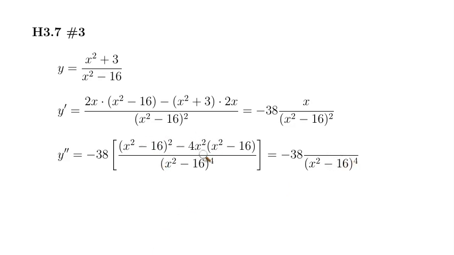Then I'm going to simplify the top part. You see that there's a common factor, x squared minus 16, so I'm going to pull that out. I'm going to write x squared minus 16 once here, because that's a common factor. What's left is, since one of these is factored out, the leftover term from the first term would be x squared minus 16 again.